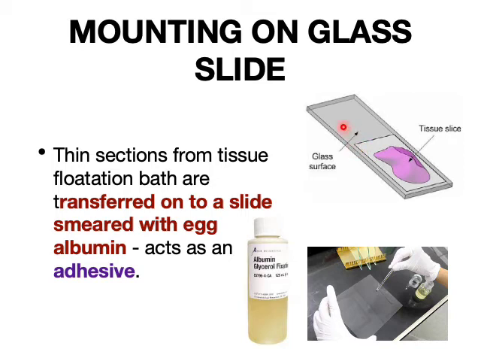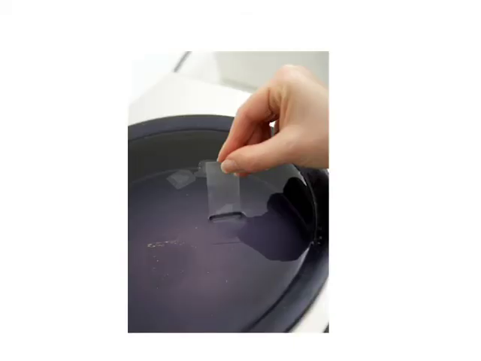After taking the slide smeared with the egg albumin, we have to dip it into the hot water bath like this. You are seeing the ribbon of the tissue here, where the entire paraffin wax is melted.